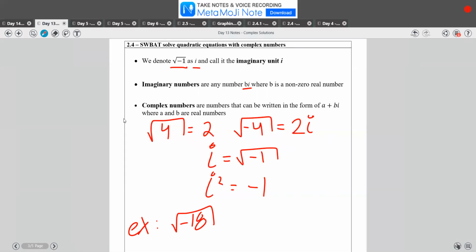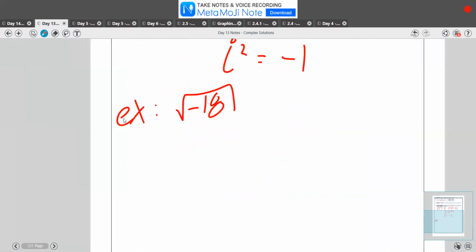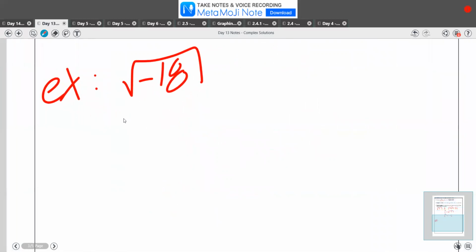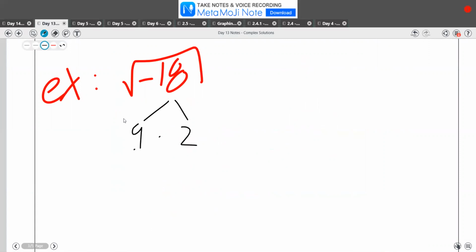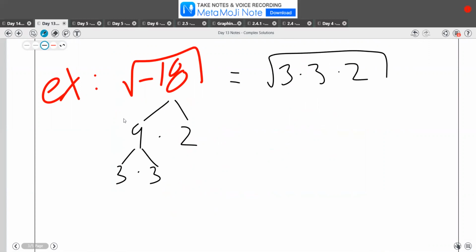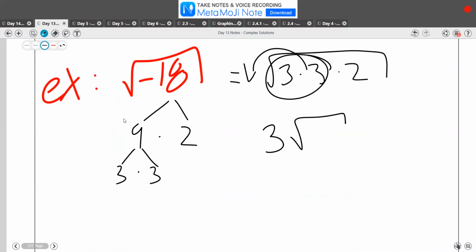Obviously, 18 is not a perfect square, so we're going to have to break it down. That would be 9 and 2, and then 3 and 3. If I put everything back in, I would have 3 times 3 times 2. I have a pair, take it out, so that would be 3 radical 2.